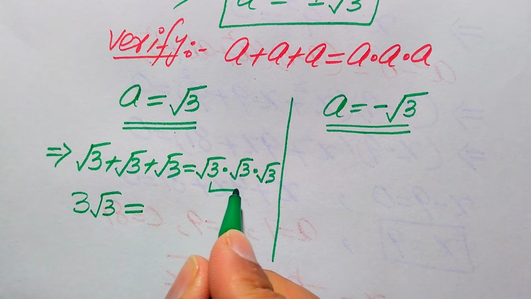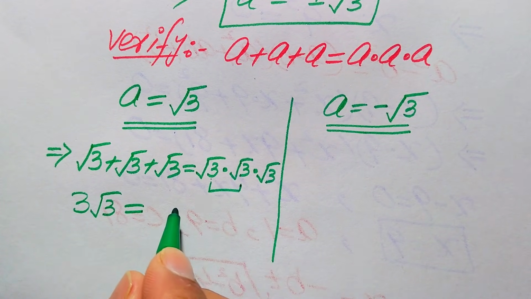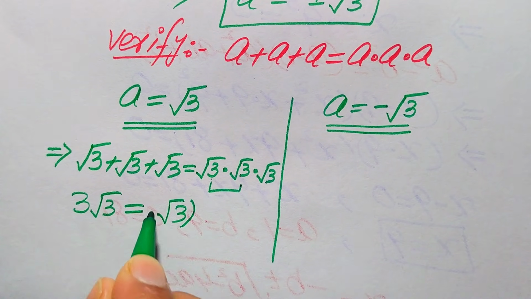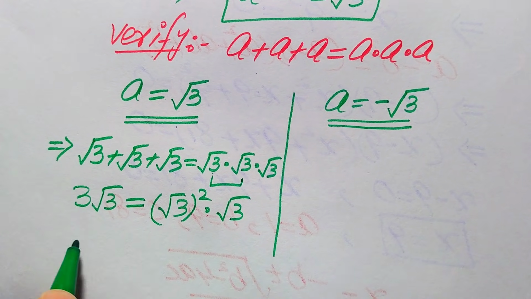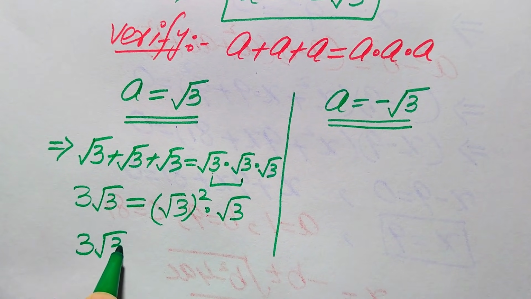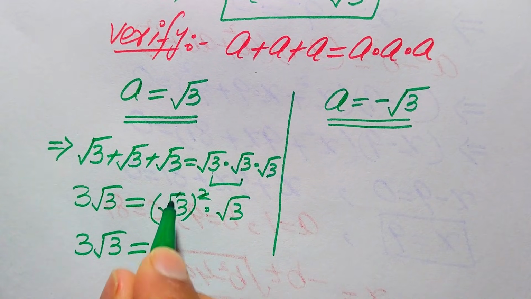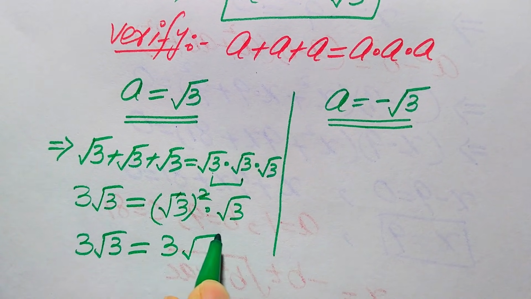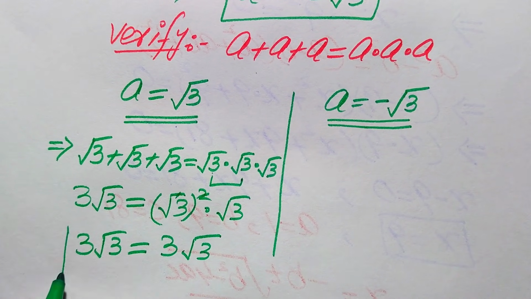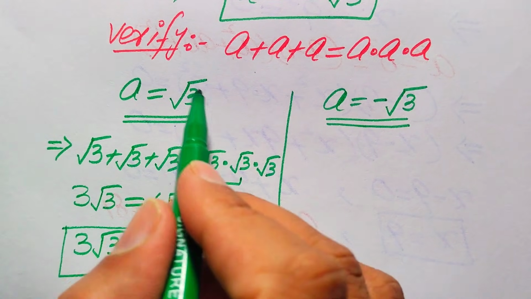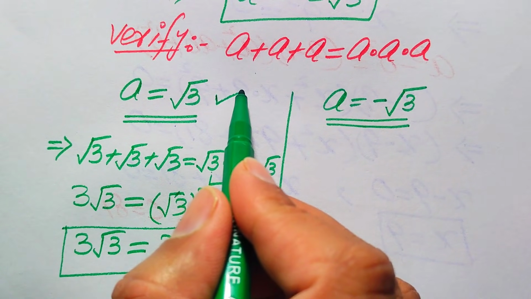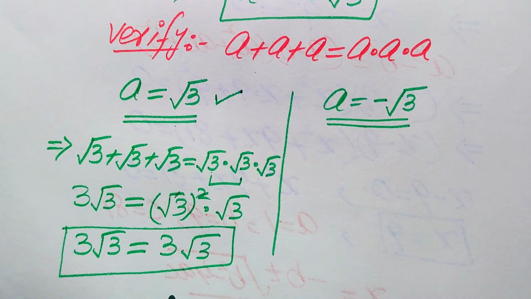And when we multiply this square root of 3 with square root of 3, it becomes square root of 3 whole square multiplied by square root of 3. And we have 3 times square root of 3 equals, this square and square root are gone, and we get 3 times square root of 3. This shows that both of the sides are equal. So a equals square root of 3 satisfies our given question statement.